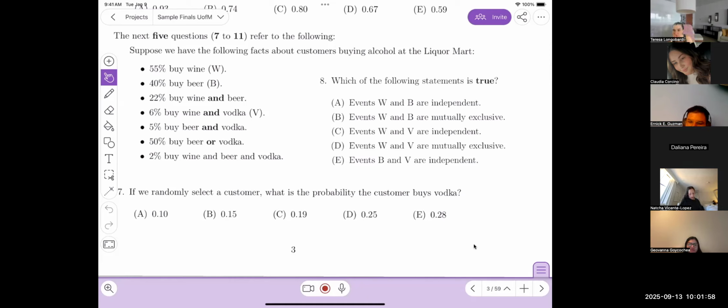You need to know if they overlap and how they're going to overlap. To use the overlapping approach, you look for the word and. So these ones overlap because there's a result here, 22%. Let me use my iPad. These ones overlap, wine and beer, and these ones overlap, wine and vodka, and also beer and vodka.